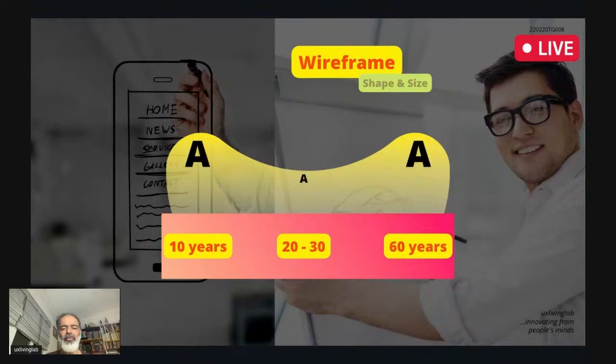Then comes size, especially the font size. The same principle applies. Bigger fonts are to be used for users around 10 years, also for 60 years, but you can use smaller fonts between 20 and 30.